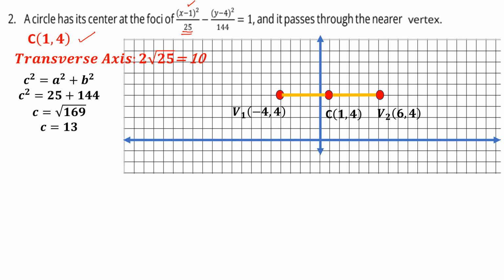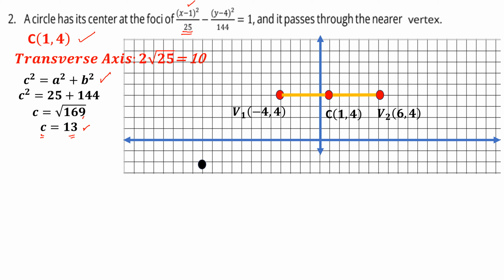So the foci of the hyperbola is being described by this formula, and for that, our c, or the number of units from the center, is 13 units, and there is our foci.